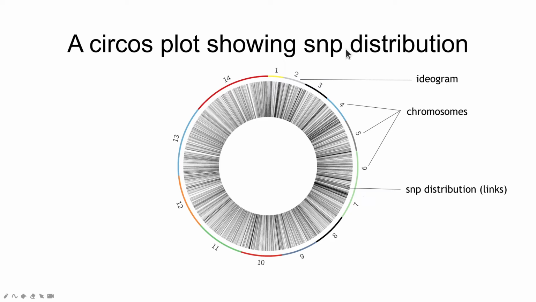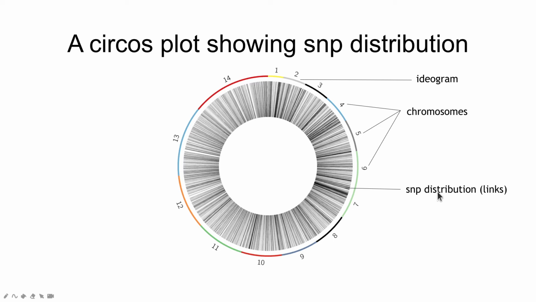I will explain it very soon. We also have the labels showing the chromosomes, chromosome 1 to 14, so here we have 4, 5, and then 6. And we also have the SNP distribution, which is the plot itself, the data that we want to represent. Here I'm using the length strategy. I will also explain that later on.